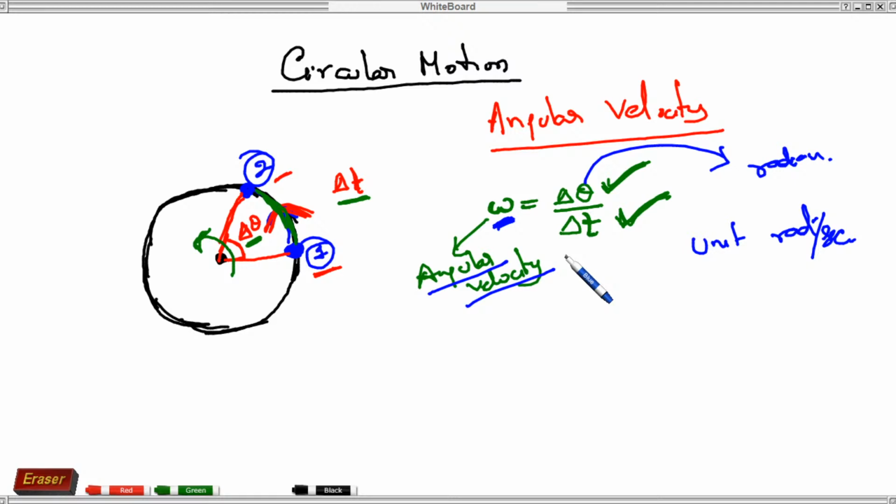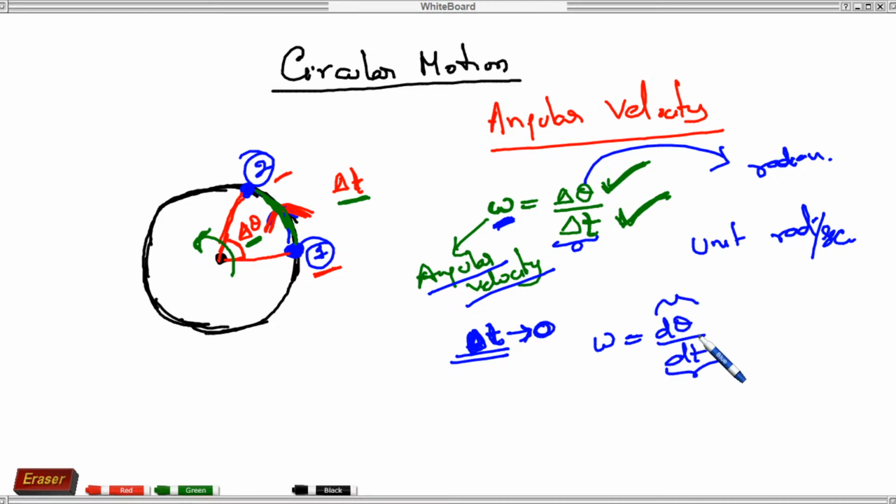Now we have discussed this a lot of times: when we make delta t tend to zero, it's not zero, but very near to zero. In that case, we can convert this delta theta over delta t into d theta over dt. Here delta t is so small that we take it as a differential element, a differential angle and differential time.